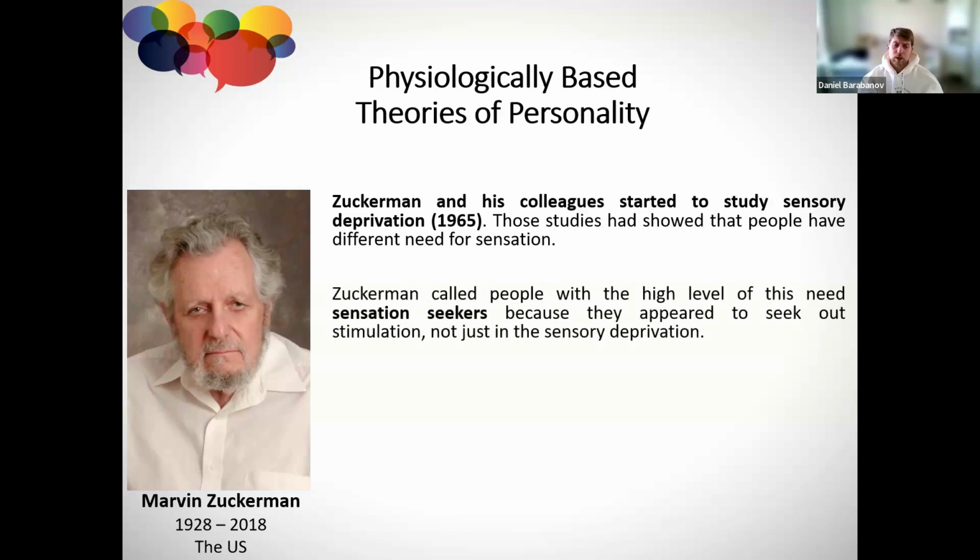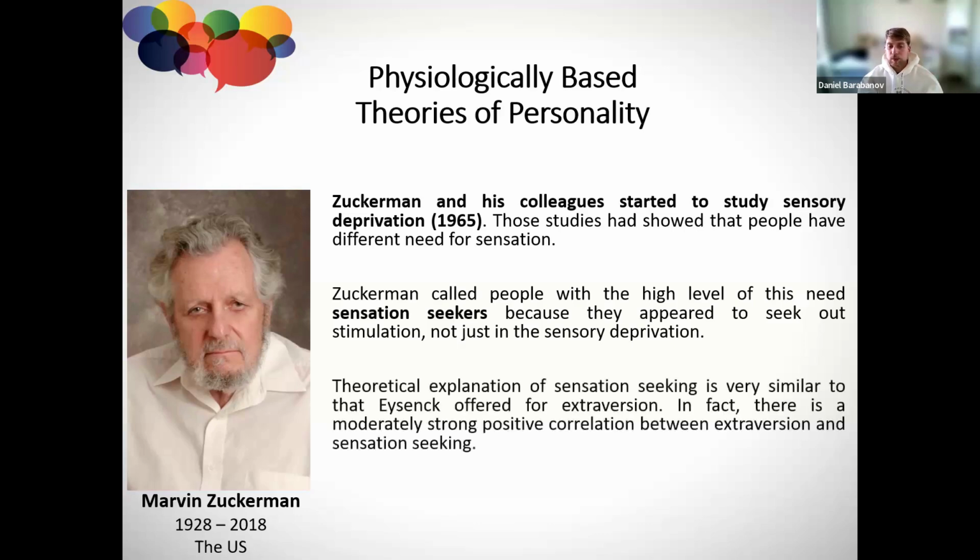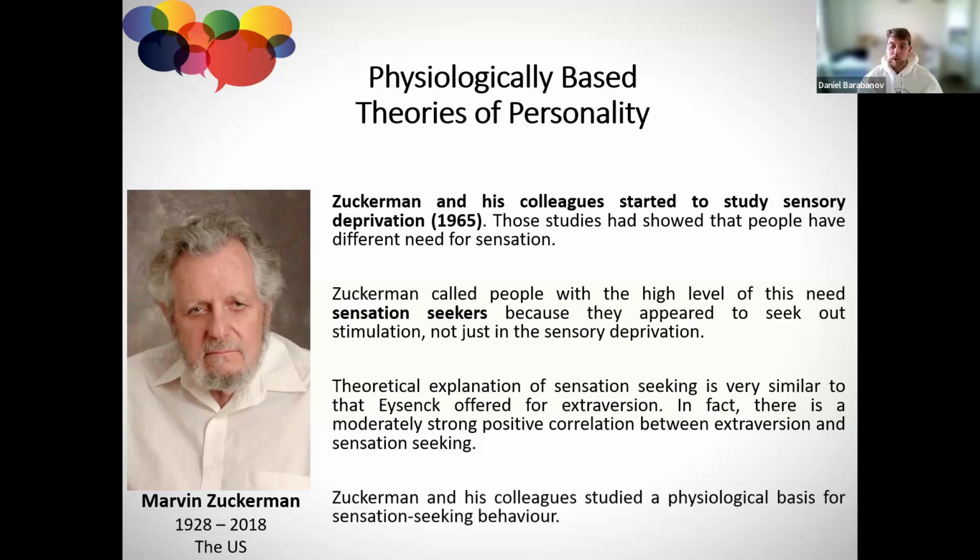Zuckerman called people who want these new sensations high sensation seekers, and people who don't, low sensation seekers. The theoretical explanation of sensation seeking was close to what Eysenck offered for extroversion. And there is a strong positive correlation between extroversion and sensation seeking. They are not fully independent factors. We know it right now.